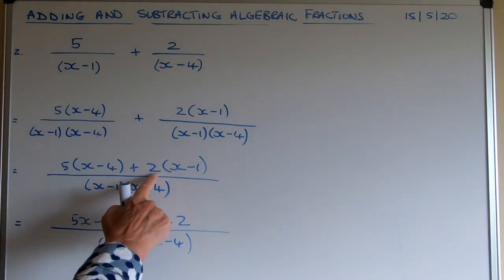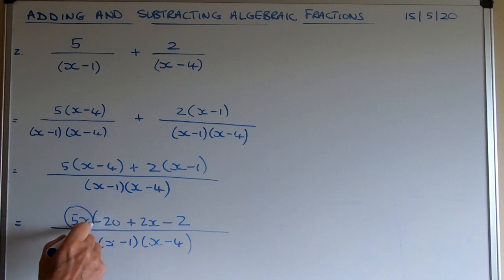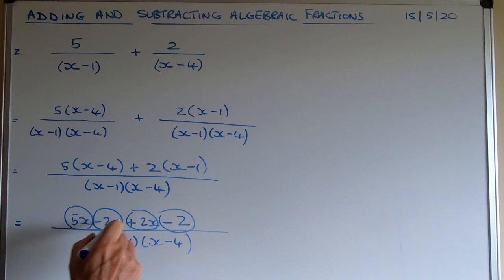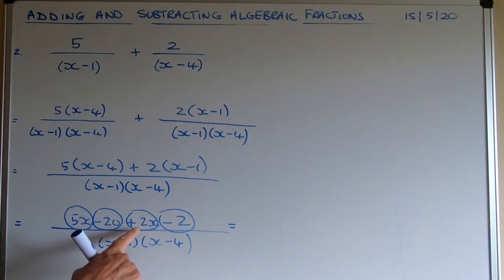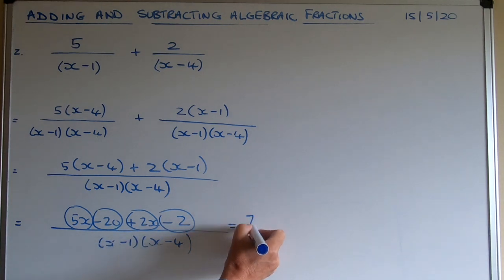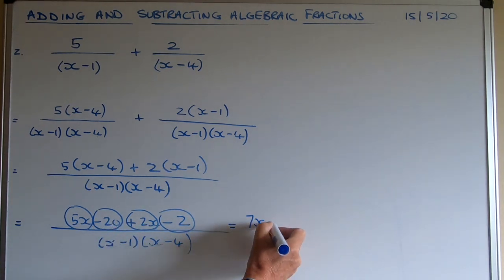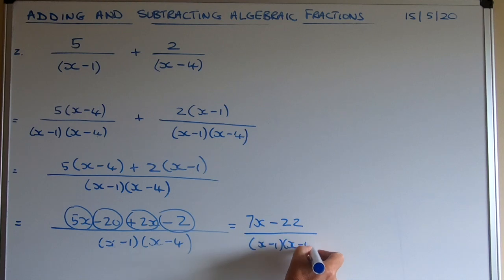The number outside here is plus 2, times negative 1 gives me negative 2. So I'm going to encircle my terms: 5x plus 2x is 7x, negative 20 minus 2 is negative 22, all over x minus 1 times x minus 4, and that's your answer.